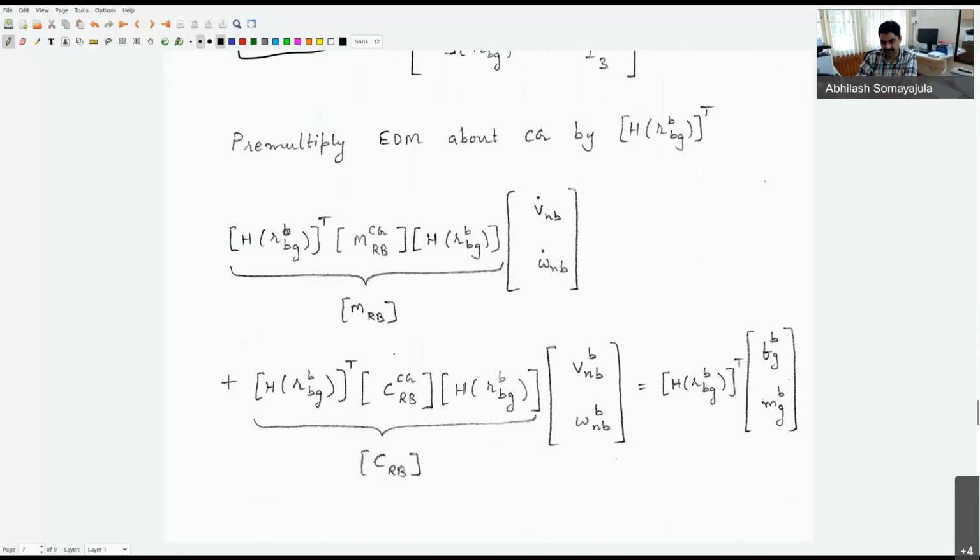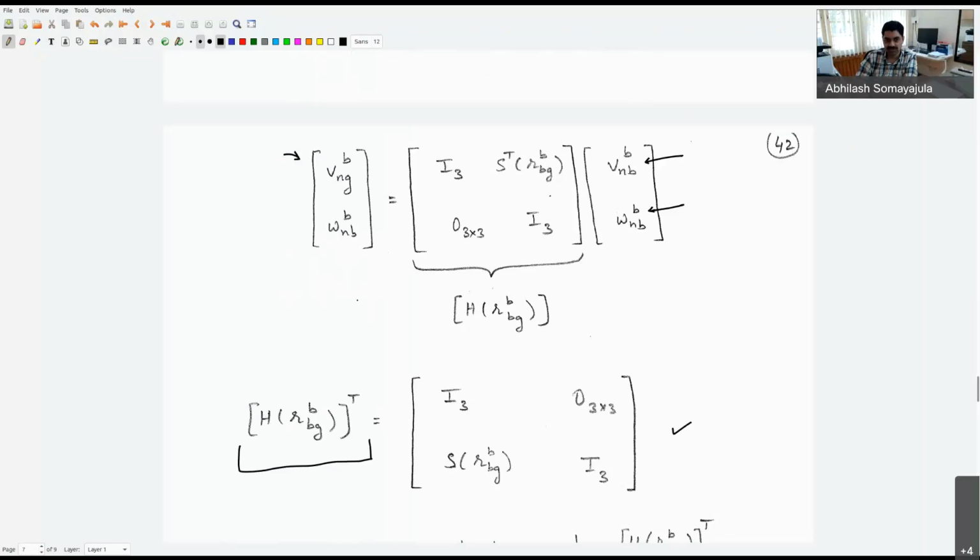So then this is what I end up with. I pre-multiply with the transpose here, here, and here. And then the velocity vector, which was about the center of gravity, I also express about the body fixed frame using the expression which we just derived here.